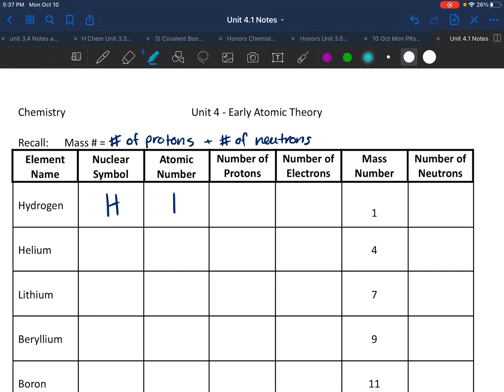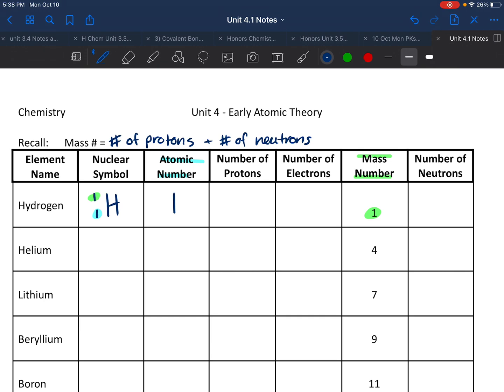So we can right away place this atomic number where it goes in the nuclear symbol. We also know that the number on top is our mass number, which is 1 in this case. So we're done with our nuclear symbol.